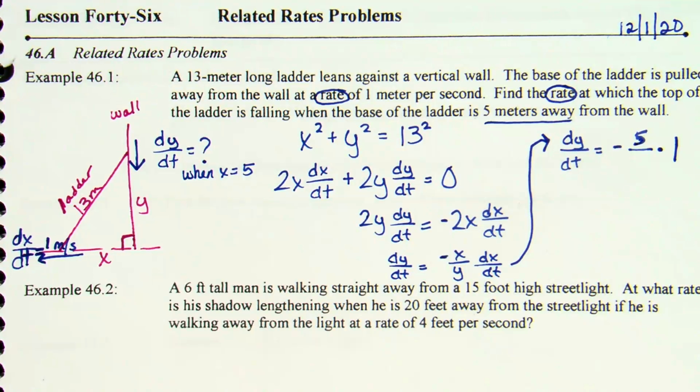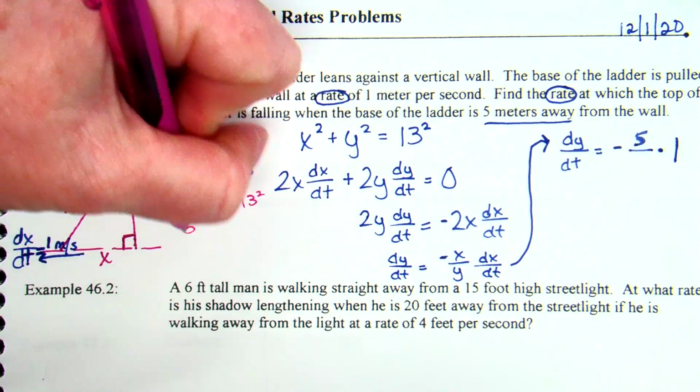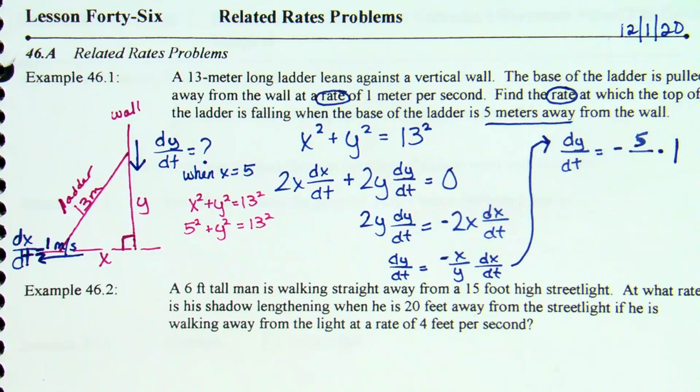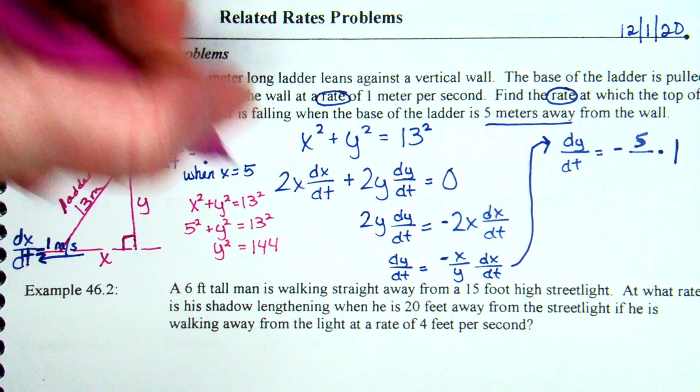So the idea is to go back and use x squared plus y squared equals 13 squared. And we're going to use when x is 5. So 5 squared plus y squared equals 13 squared. 13 squared is 169 minus 5 squared, so minus 25. 169 minus 25, 144.